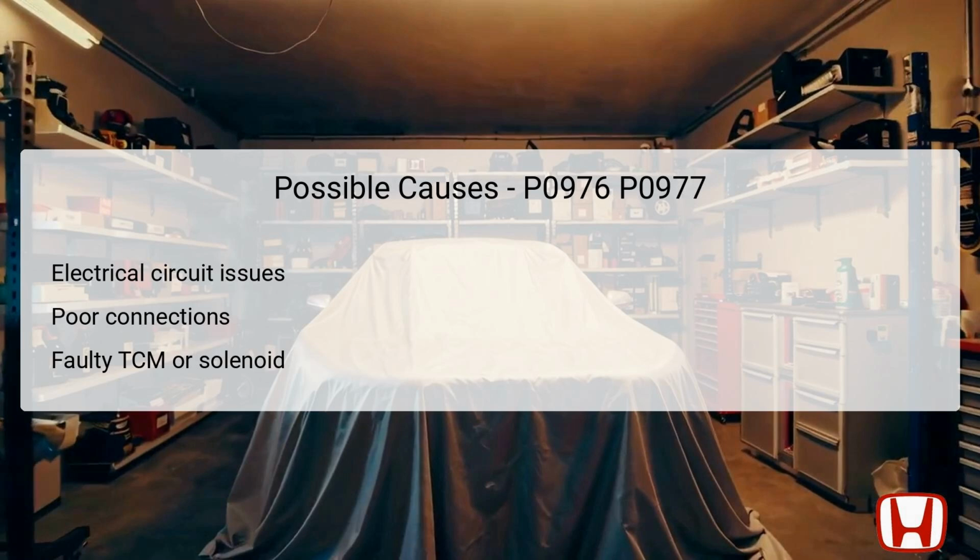If the transmission control module, TCM, is malfunctioning, or if the solenoid valve itself is faulty, it may exacerbate these issues. Thus, it is critical to check the integrity of the electrical connections and wiring, as diagnosing these problems will also pave the way for identifying whether the solenoid or the TCM must be replaced.